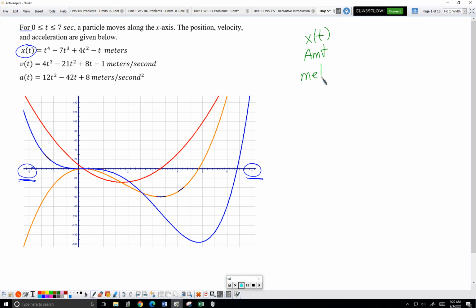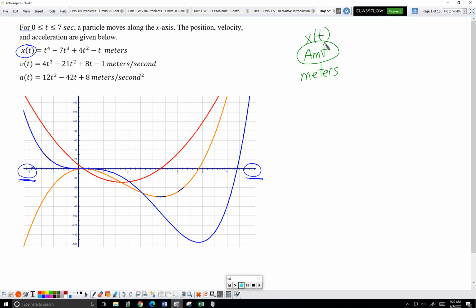So that's an amount. On the AP test, they have many, many questions where one of the things they're describing is an amount. Here it's an amount of meters, like a number of meters. I've seen tons of gravel, the level of water in a tank, the temperature of something. But basically, don't forget the word amount.